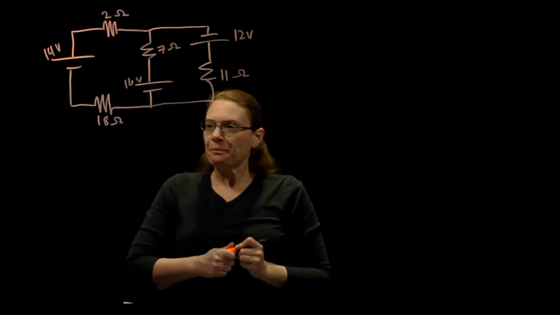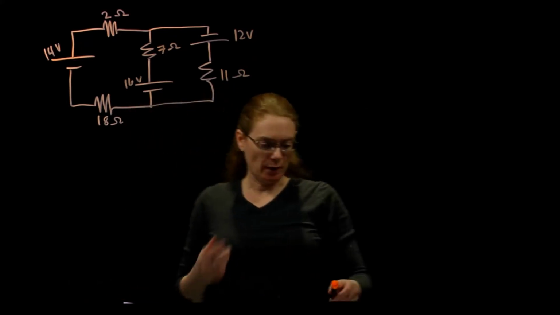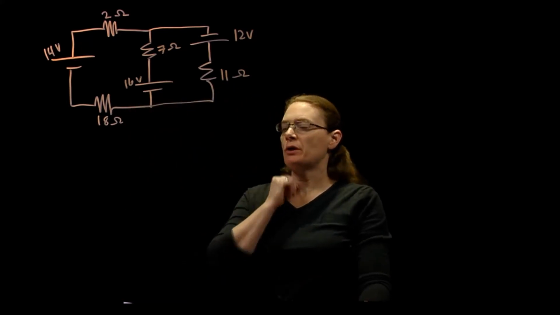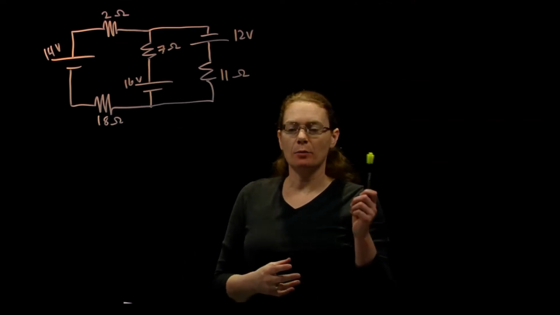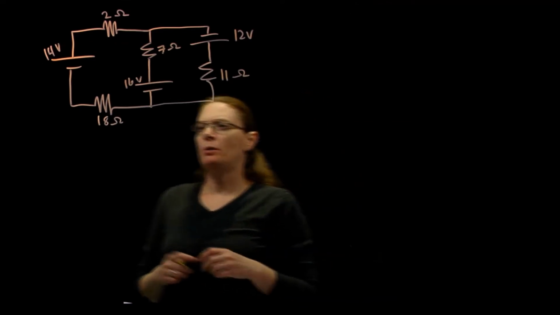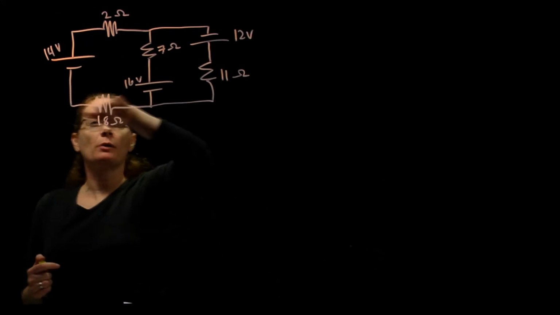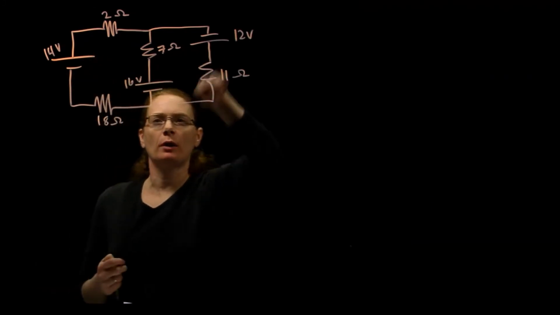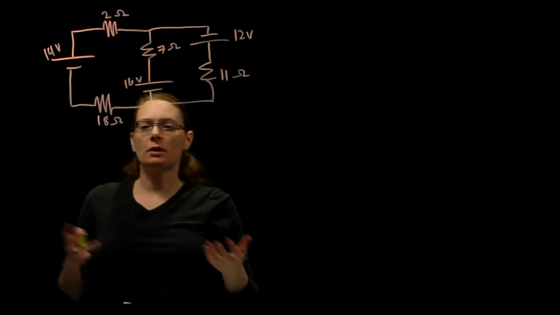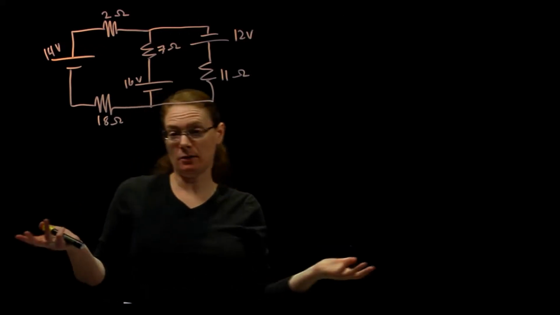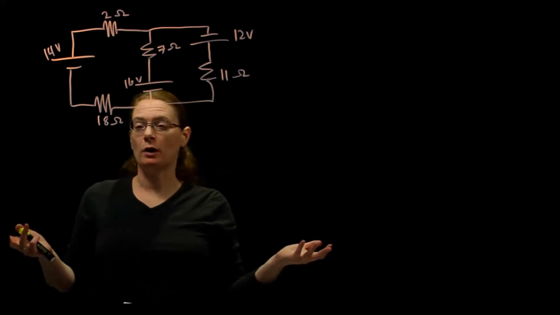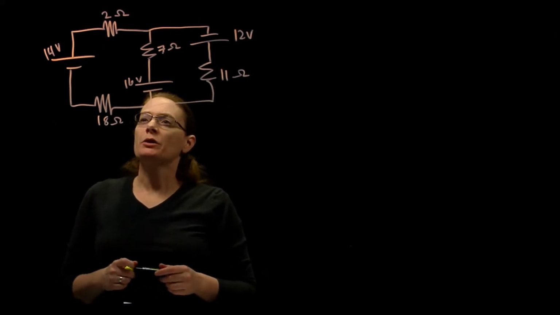With a Kirchoff's problem, the first step is to define some current loops. So I have current that could go around this loop, and current that can go around this loop. I'm just going to draw them and make a guess as to which direction they're going. If we guess wrong, it doesn't matter, we'll just get a negative sign at the end.